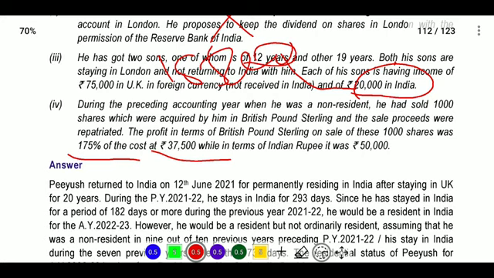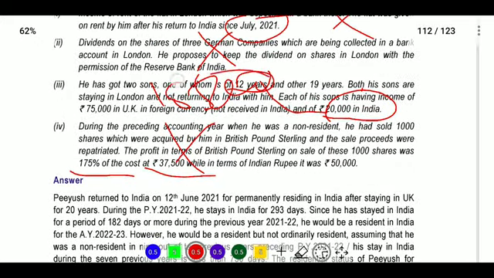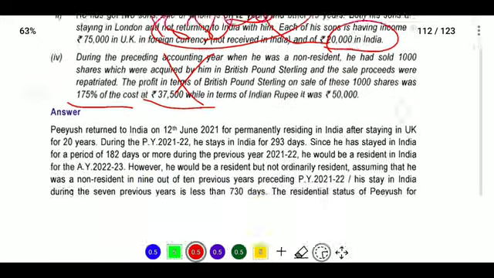Here the income accrued outside India, he purchased outside India, and the sale amount was repatriated to India. It is not taxable in his hands. So only the earlier amount will be added, and we will see the answer now.